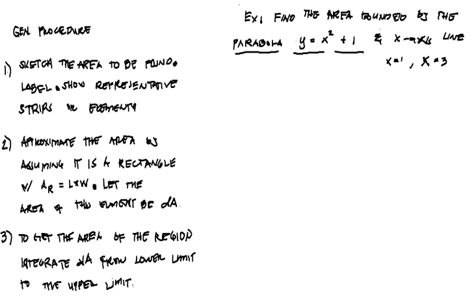Okay, so in order for us to see which area we are going to find, the first step is to sketch it. We have the curve and we have the line. So we can now have the area bounded by these two given points here.